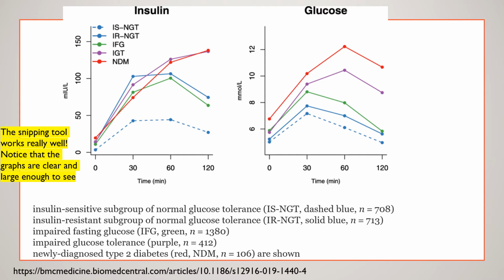The insulin sensitive subgroup of normal glucose tolerance is the dashed blue line, and that tells you what a normal response would be. So at 30 minutes after taking that big dose of glucose, insulin should increase. It stays relatively stable for another 30 minutes, and then it starts declining.